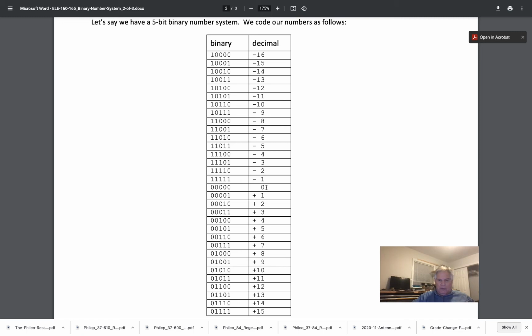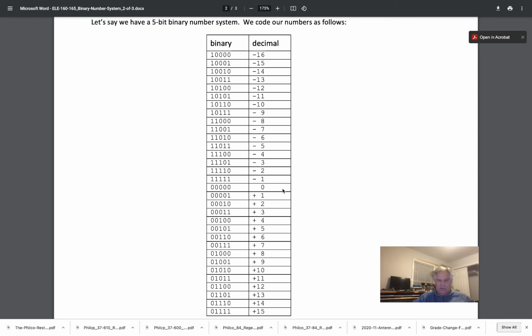So we'll go with a 5-bit 2's complement system. We'll go from 0 to 0 and 4 ones. Now 4 ones is a 1, a 2, a 4, and an 8. So 1 and 2 is 3, and 4 is 7, and 8 is 15.